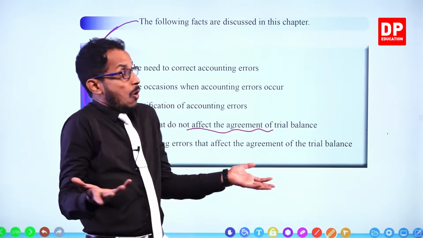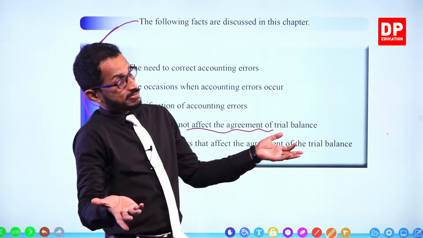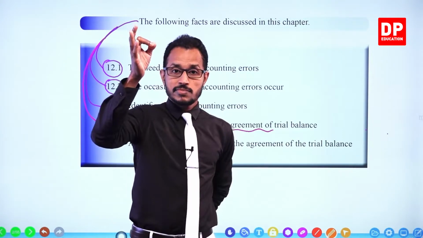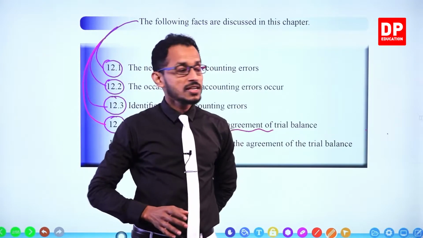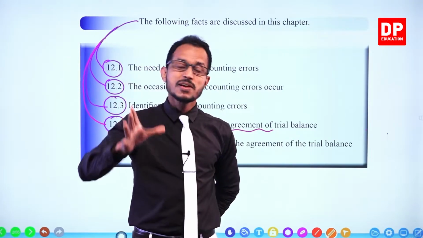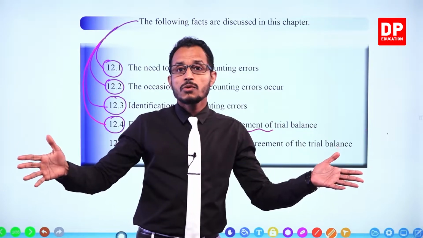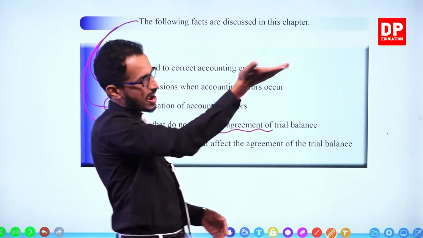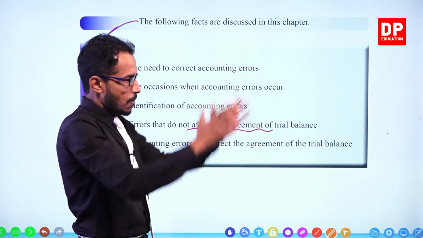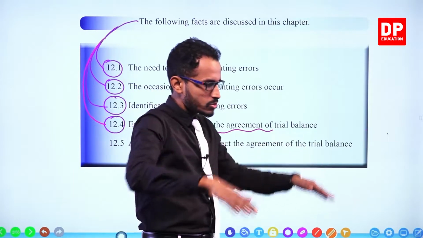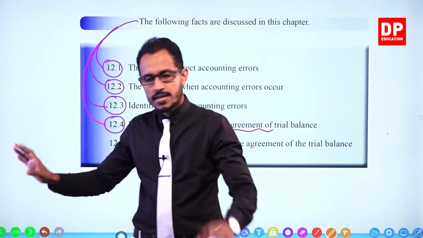So we think, oh, the trial balance balanced. That is just superb, brilliant. All our accounting records must be correct. All the prime books are nicely, properly done. All the ledger accounts are correctly, accurately recorded.